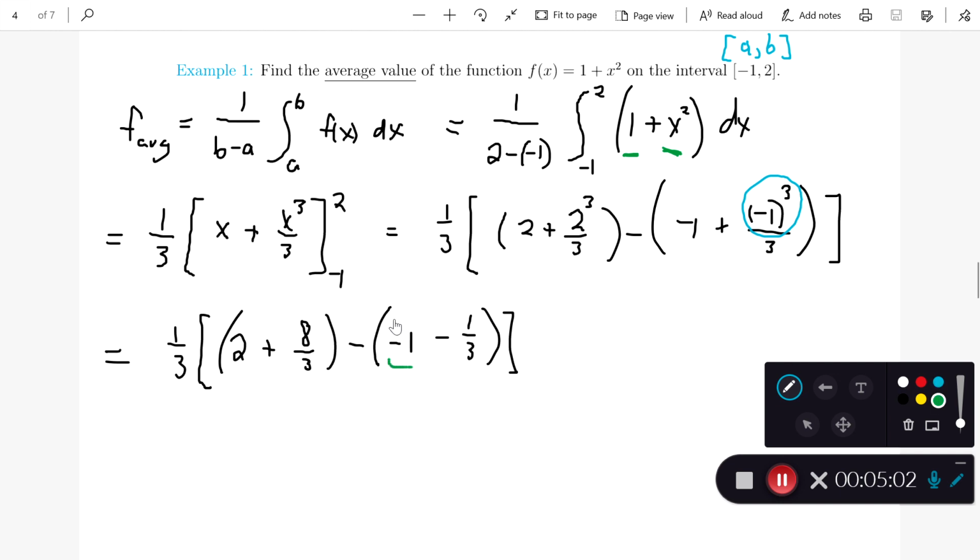Now this part here, -1 minus 1/3 is -4/3. So here we've really got 2 plus 8/3. And then you've got a minus -4/3, so that's actually going to become plus, right?